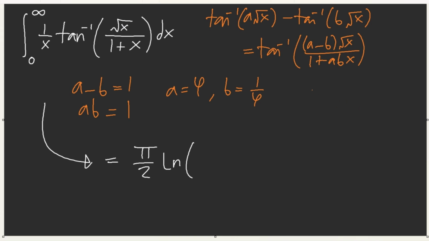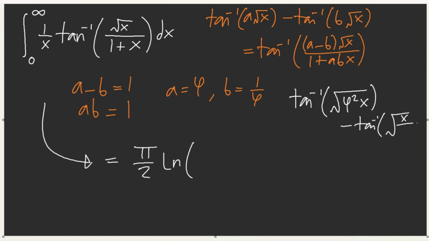Because of the square root of x, phi needs to be inside, so we actually have phi squared x minus inverse tangent of x over phi squared. It's not the square root of x, it's the x that we need the coefficient for. So what we really have is phi squared over 1 over phi squared, and this gives us 2 pi ln of the golden ratio.